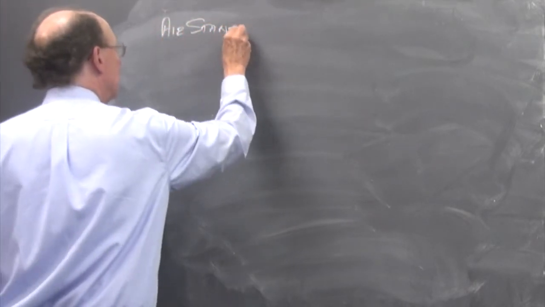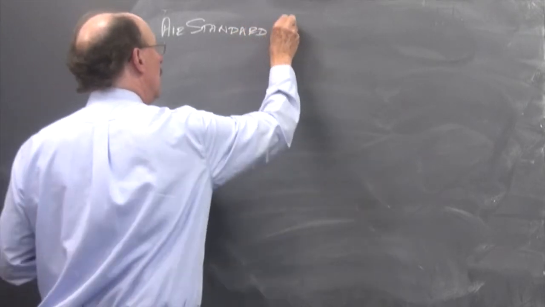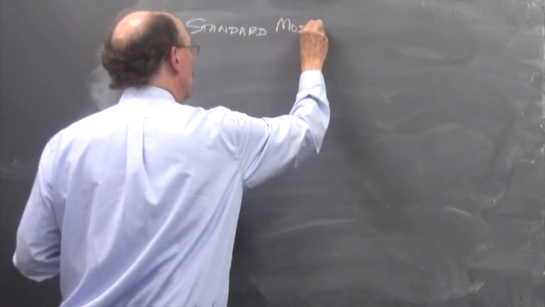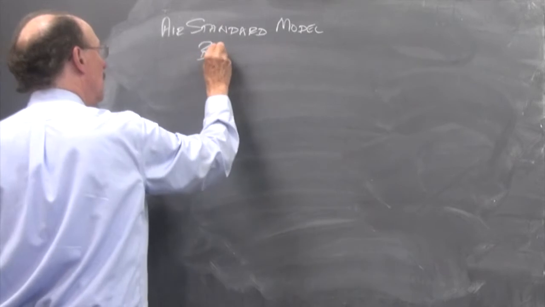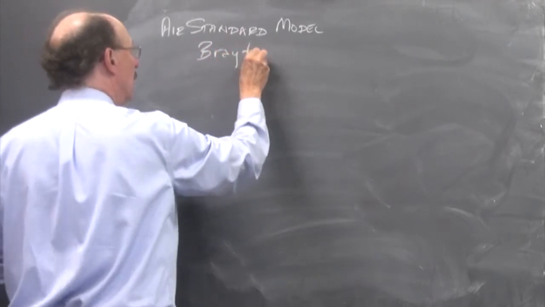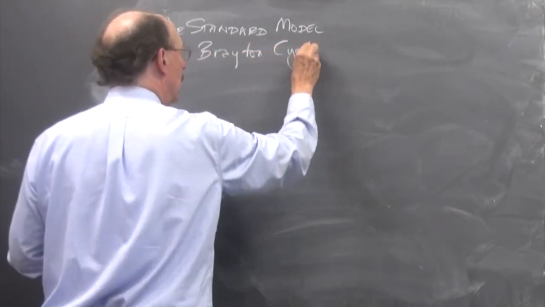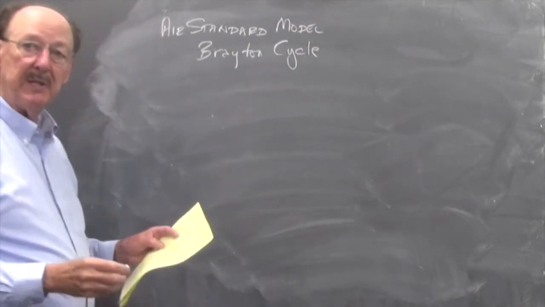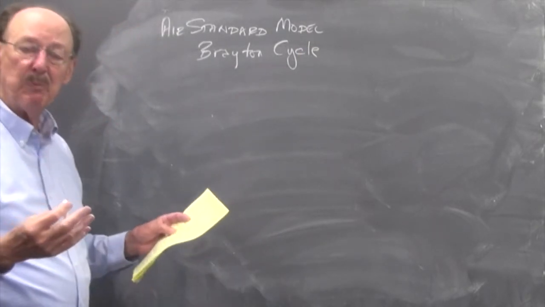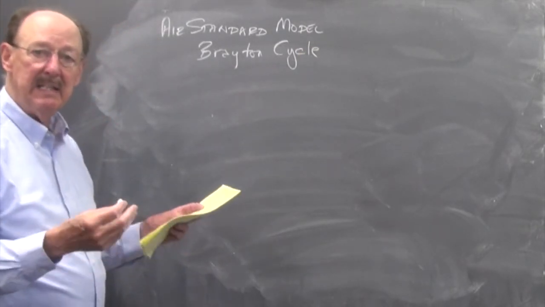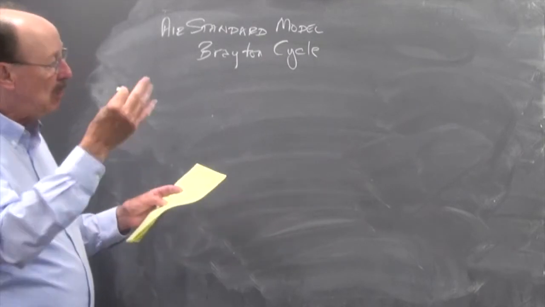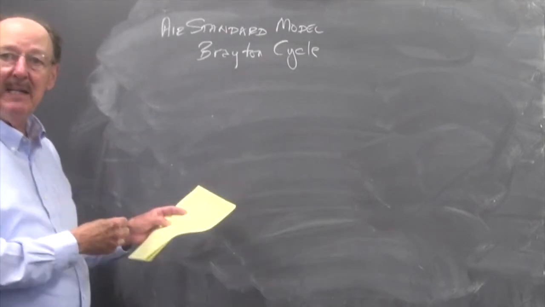Air standard model. It's a Brayton cycle. And what we're doing is we're replacing the combustion chamber by heat addition and the exhaust by heat rejection.